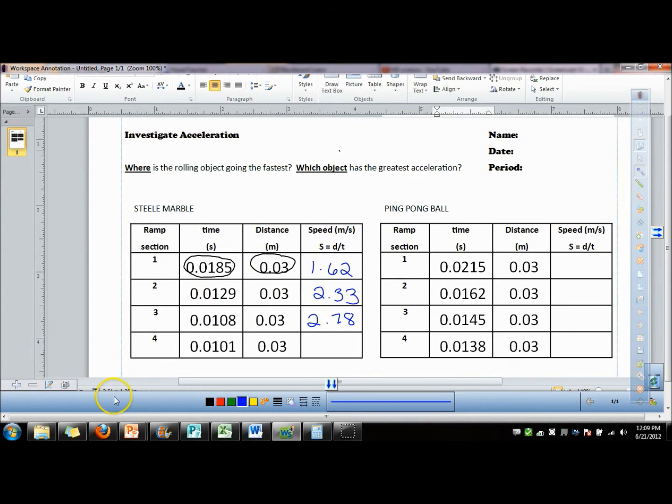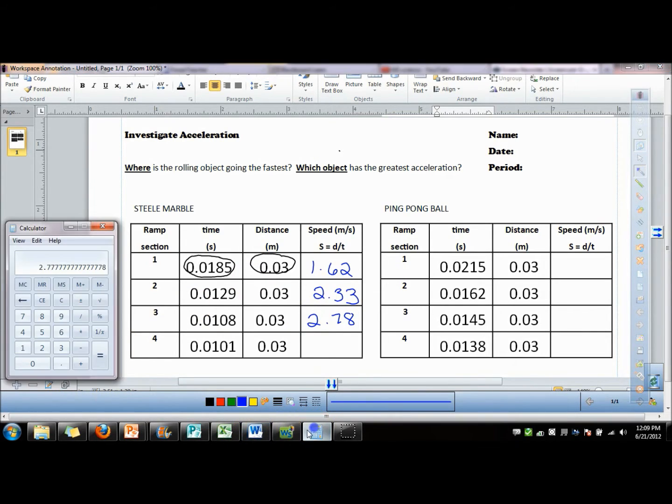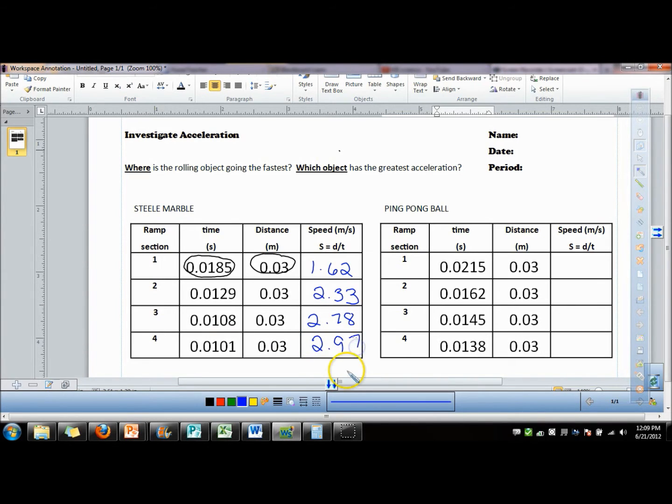And one last section, 0.03 divided by 0.0101. And we have the final speed at 2.970, so 2.97. Okay, it'll be your responsibility to fill in the speed for the ping pong ball and again for the golf ball.